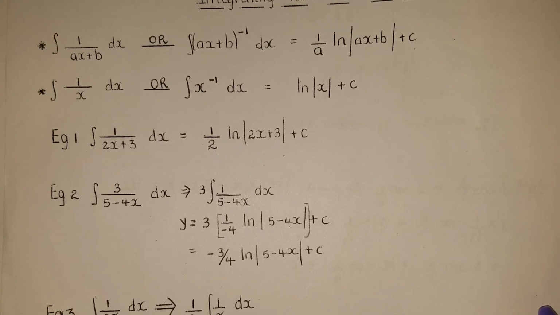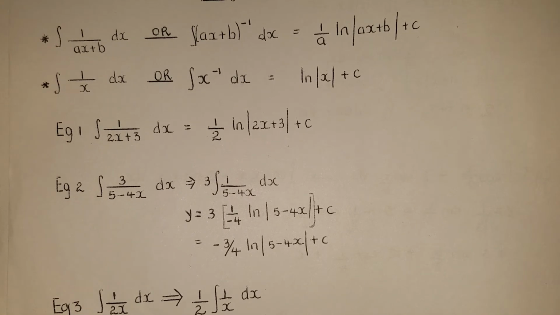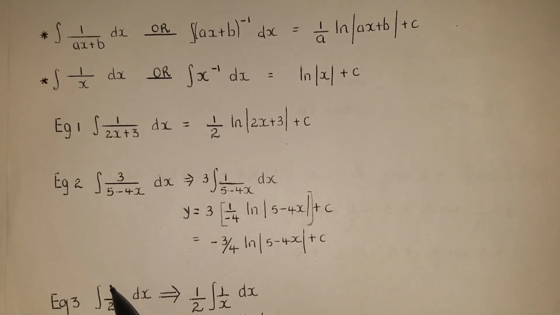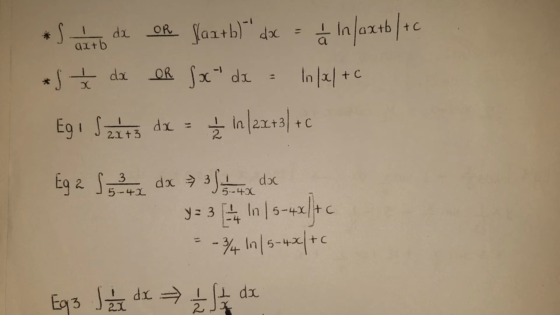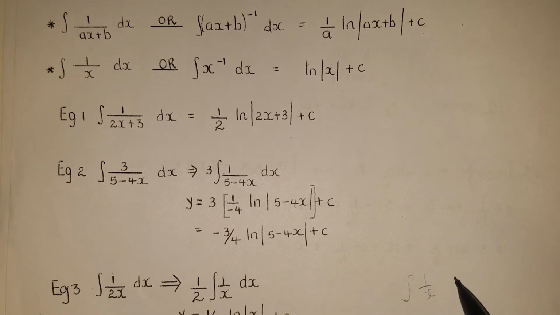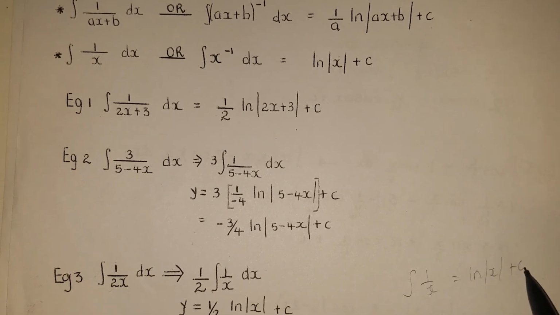In our third example, we have the integral of 1 over 2x. What I did here is factor out half, so it's half times the integral of 1 over x that is left back. We know that the integral of 1 over x is equal to ln modulus x plus c.